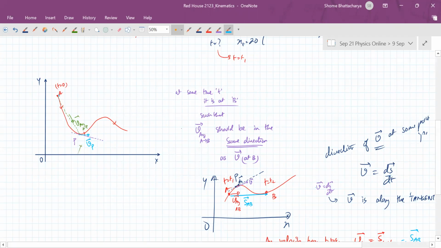Most likely it would be somewhere over here, such that when you draw the tangent from here, it should coincide with that line. If B is over here, then you can see that the instantaneous velocity at B is along this line, and the displacement from A to B is also along the same direction. So that means the direction of average velocity is the same as the direction of instantaneous velocity.